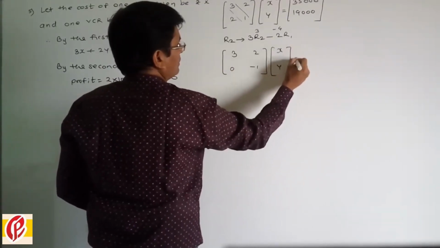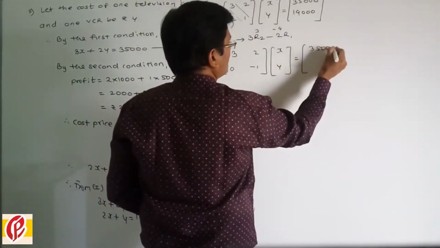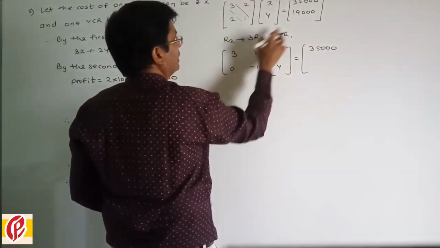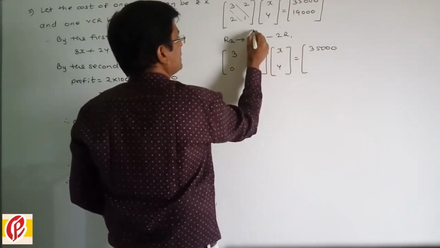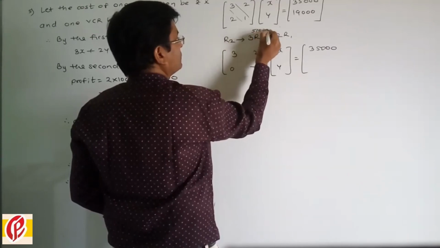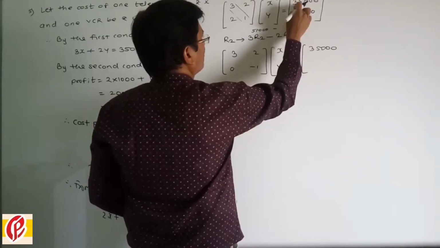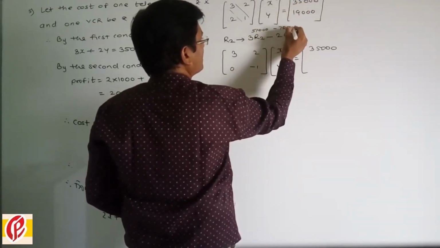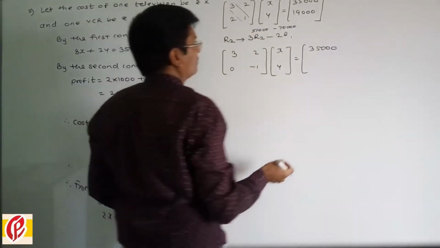Into x, y, here is 35,000, then 3R2 means 3 into 19,000, 19 3s are 57,000, this minus sign, and 2 into R1, so 2 into 35, 70, so it is 70,000. So 57,000 minus 70,000, what do we get?